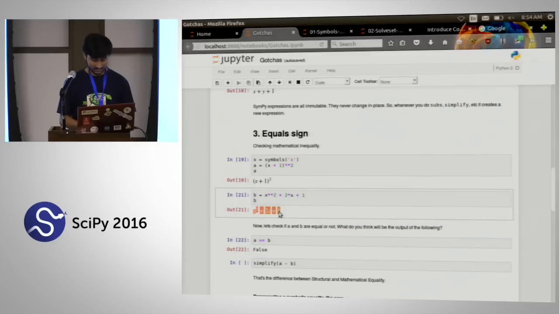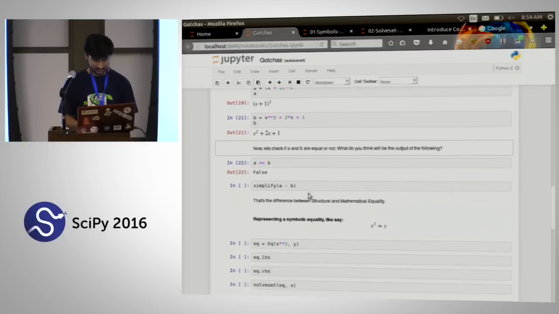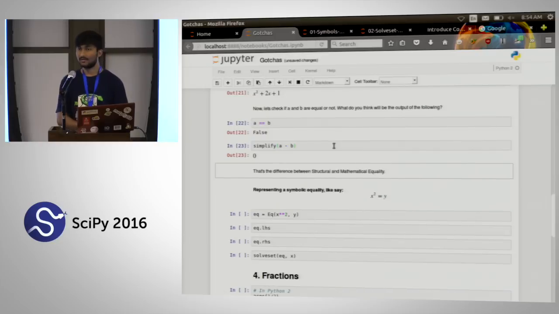So in SymPy, if you want to check if two objects are mathematically equal or not, you will subtract each of them and call simplify. So this will give you 0, and it means A and B are equal.